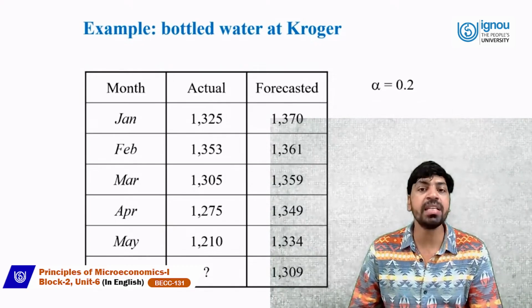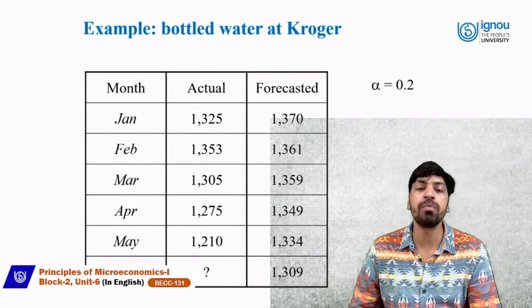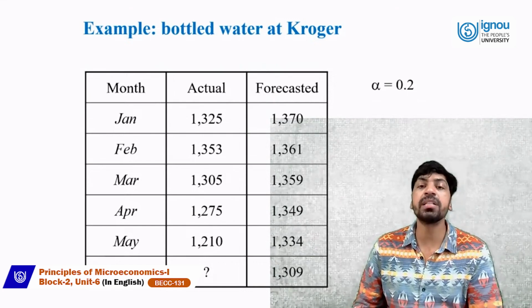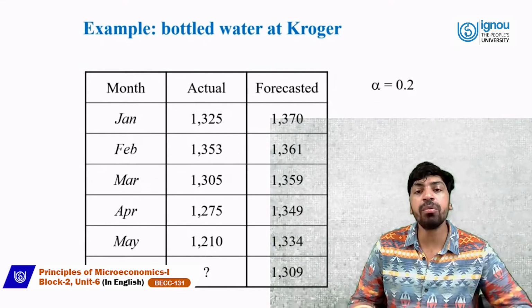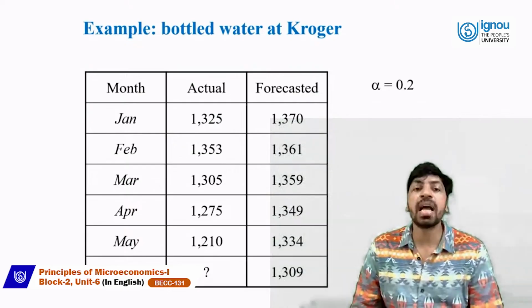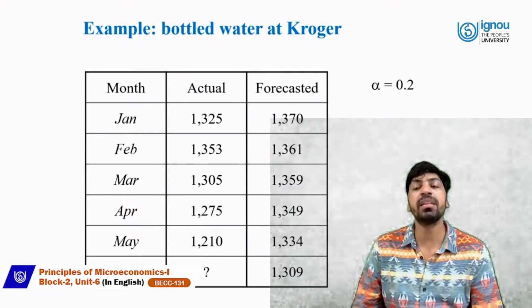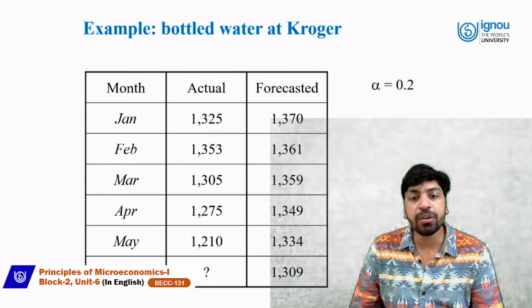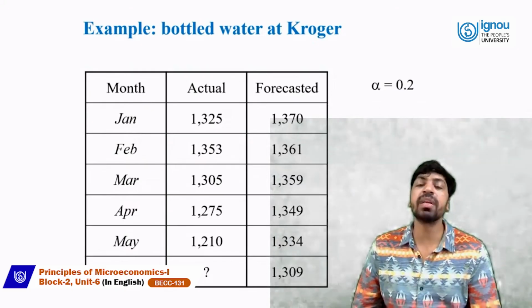So it's very easy to calculate. Just take the difference of the actual and forecast and multiply it by the alpha value 0.2, and you will get the adjustment for the next month's forecast. Once you get the February forecast, you can easily calculate March.